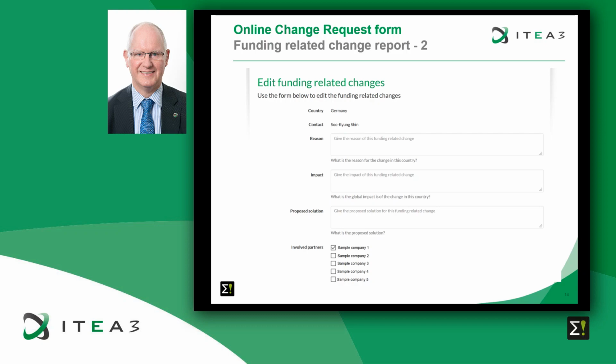So here you can edit the information about the reason of this change. So why was it there? Why is this change? And what is the impact of this change? Also provide the proposed solution from yourself and indicate which partners are involved in this change.